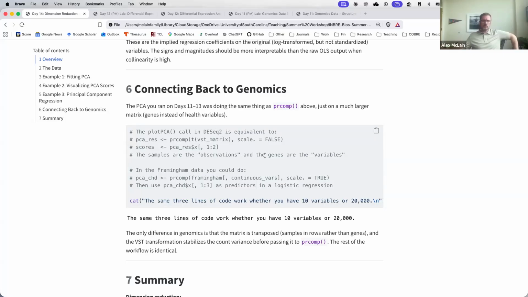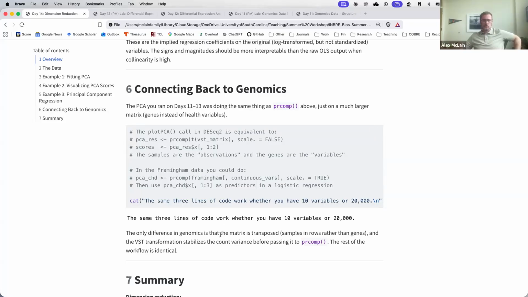We did some principal component analysis, particularly on day 13, where we did the variance stabilizing transformation. Then we can get principal component scores on that. And then we could do some regression analysis for some outcome.